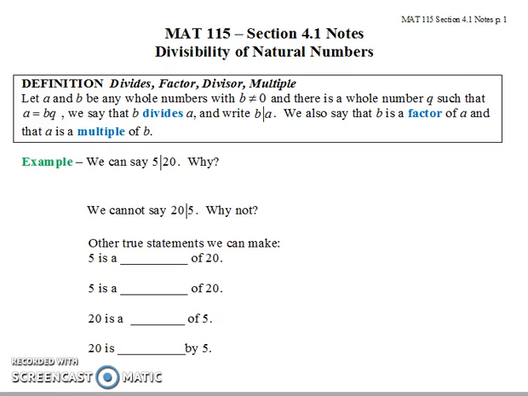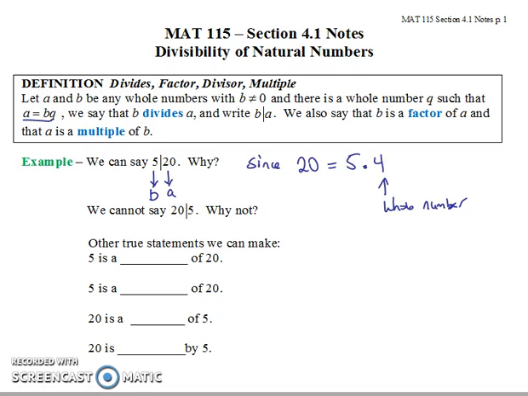We can say 5 divides 20. Why can we say 5 divides 20? Well, in this case our 20, that's our A, and our 5, that's our B. So since 20 is equal to 5 times 4, and that 4 is a whole number, that's why.